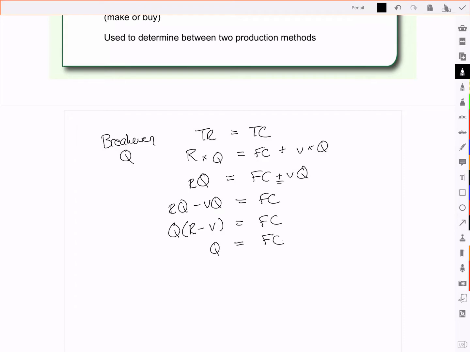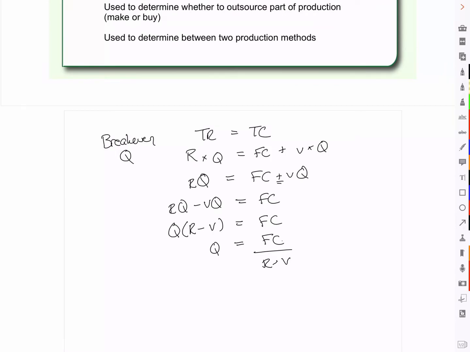And so the break-even quantity is the fixed cost divided by the revenue per unit minus the variable cost per unit. So we're able to now use this formula to find the break-even quantity for a particular production method. So we can figure out at what quantity are we not making any profit, but we're also not losing any money. So let's look at an example.